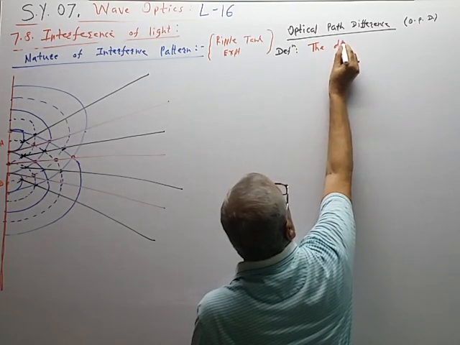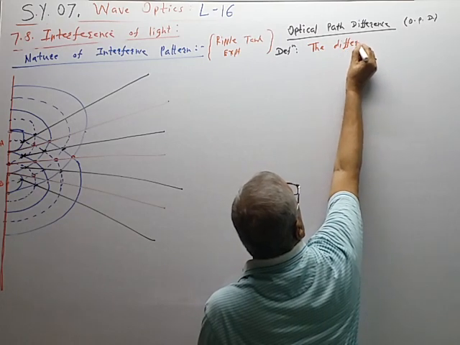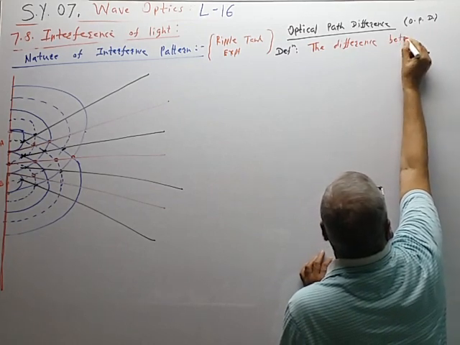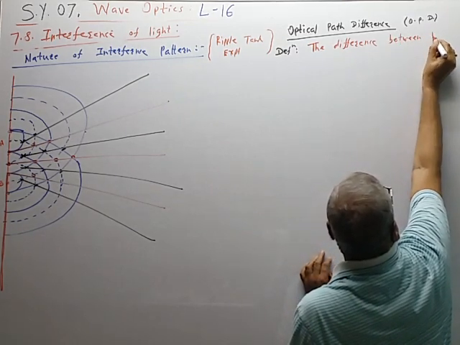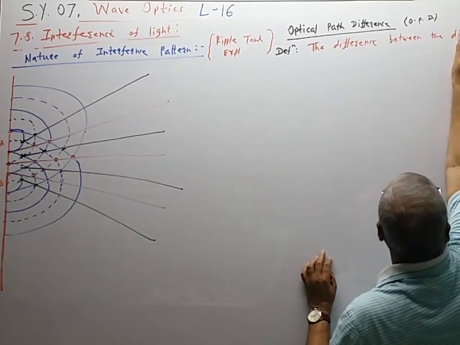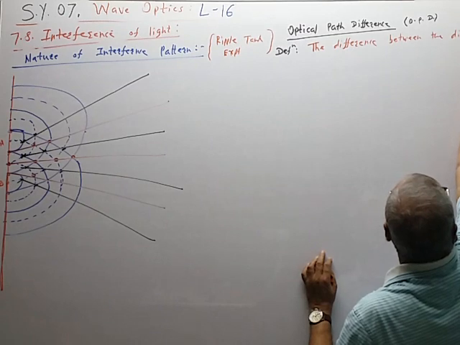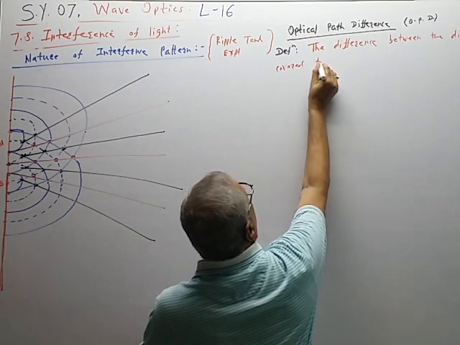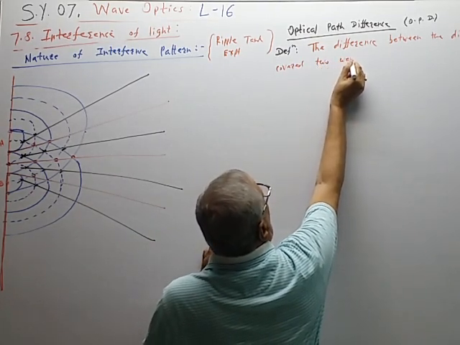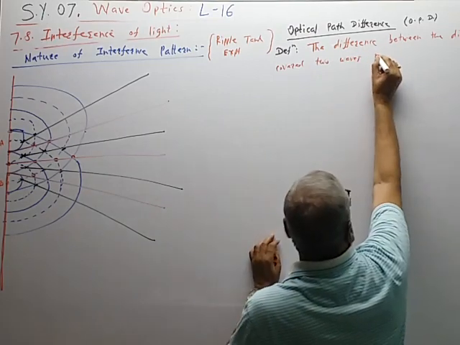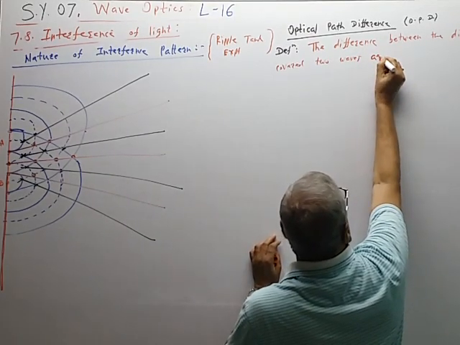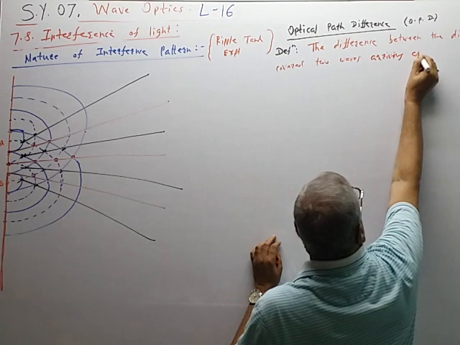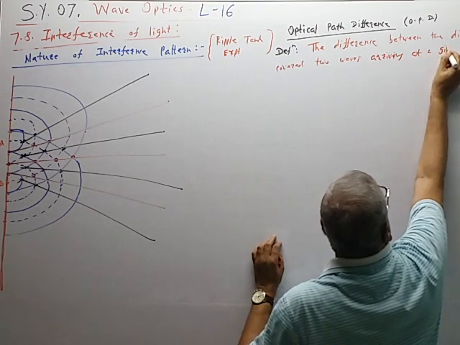The difference between the distances covered by two waves arriving at a given point.